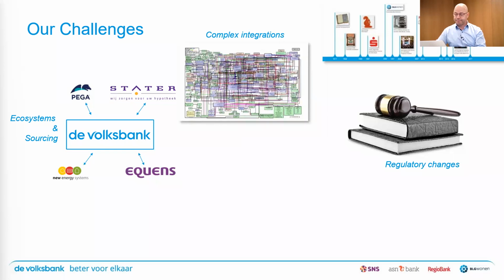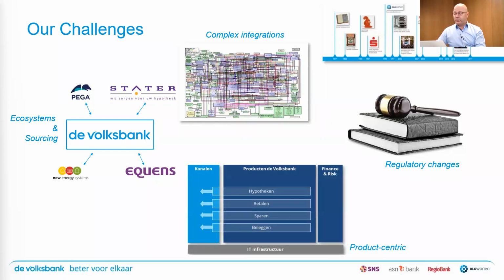That's why we're here. And then the last concern that we have, which is common to most banks, is that the organization is geared towards product silos, structured in such a way that it's geared towards having the optimal experience for delivering a specific product. And if you have 5 products, you have 5 times the same experience.